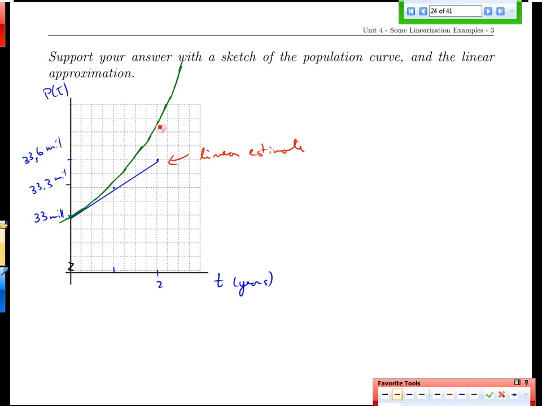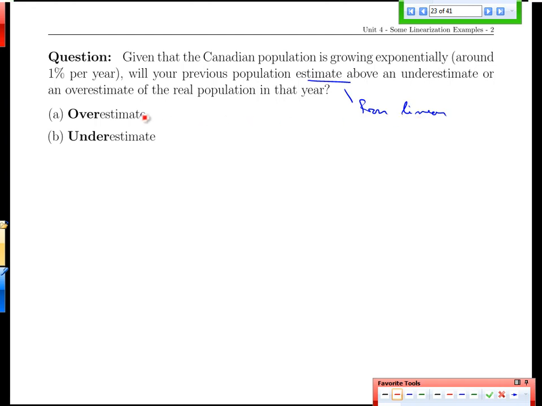This point here would be the actual population, roughly speaking. And our linear estimate following a straight line is always going to be below this exponential curve because the exponential curve is bending up and away. And so that means our linear estimate is going to be an underestimate of the real population 2 years from now.